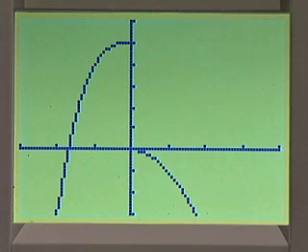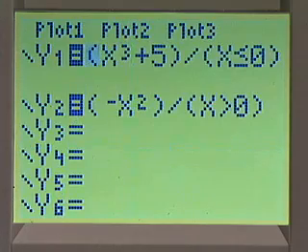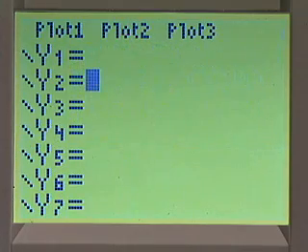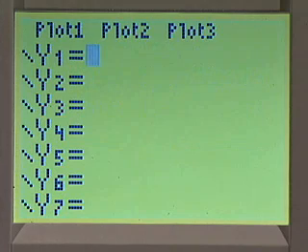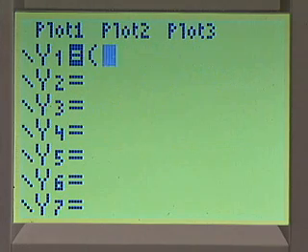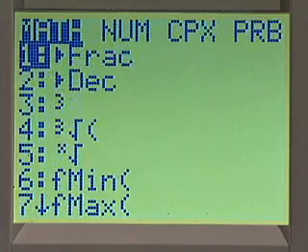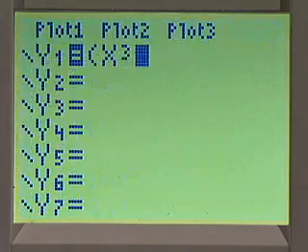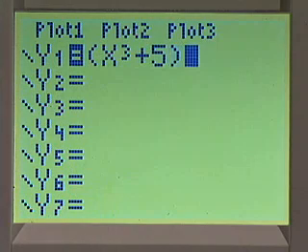Now there's an alternate method that we could use on the calculator, which I'm going to go ahead and show you, and that is to insert the entire piecewise-defined function in y sub 1. The way we would work it here is to insert the x cubed plus 5, and we're going to write it down.